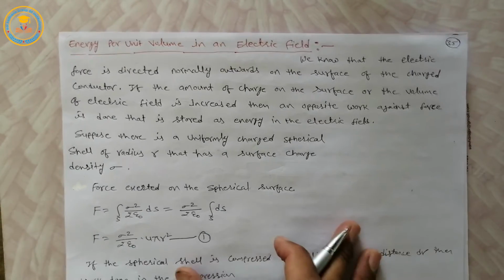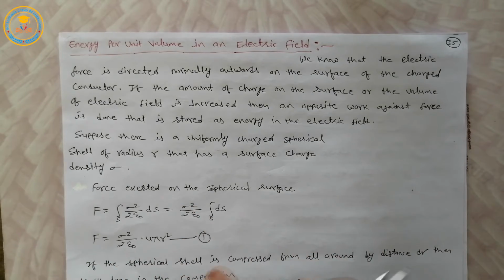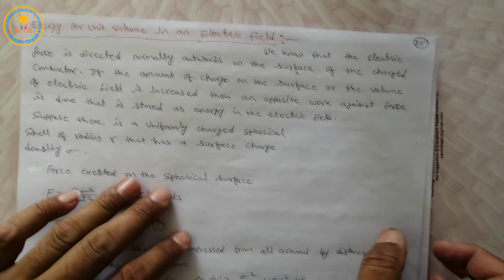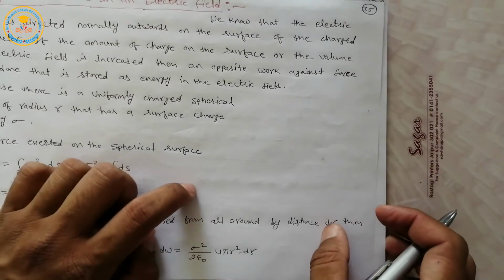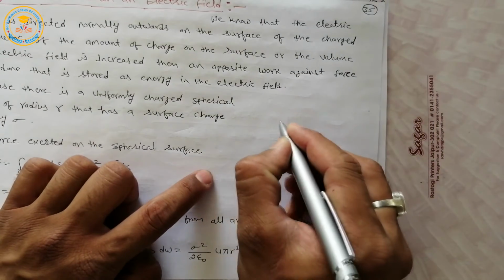To determine this electric energy, we suppose there is a uniformly charged spherical shell of radius small r.